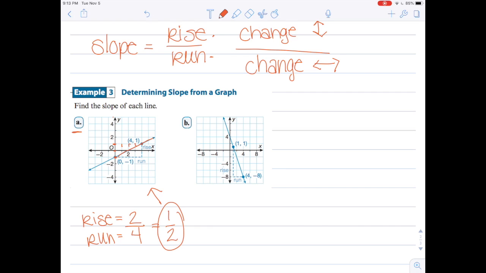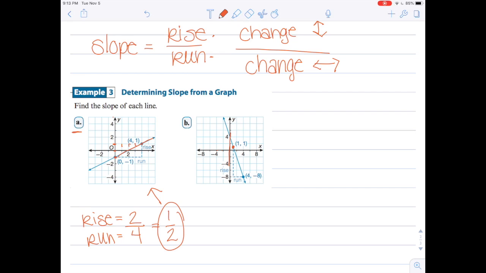Okay, let's look at graph B. Well, graph B, instead of going up to the right, goes down to the right. So these numbers are going to keep getting lower and lower as it goes this way, right? So let's start at the point closest to the center. So here's this 1, 1 for us. Notice this graph, every block represents 2.